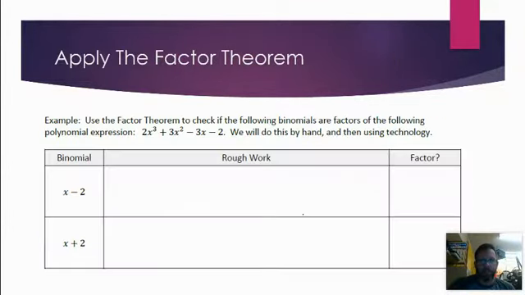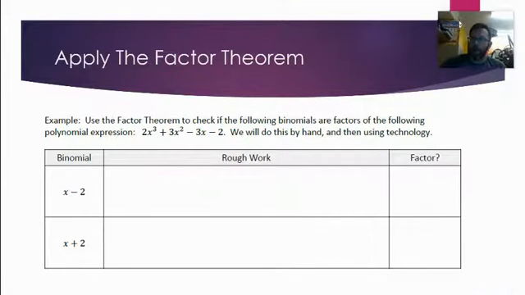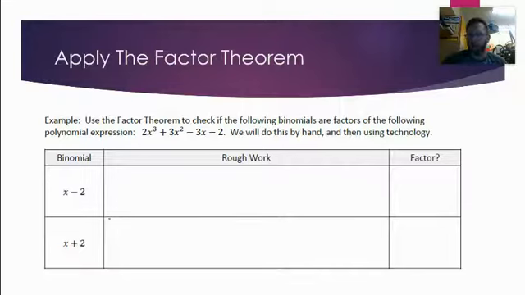Let's continue. We're going to apply the factor theorem. We're going to start off by doing a bit of work by hand, but then I'm also going to show you guys how you can use technology, because just doing things by hand can be a bit tedious. And for certain things, we want to make use of calculators and technology to help us out.